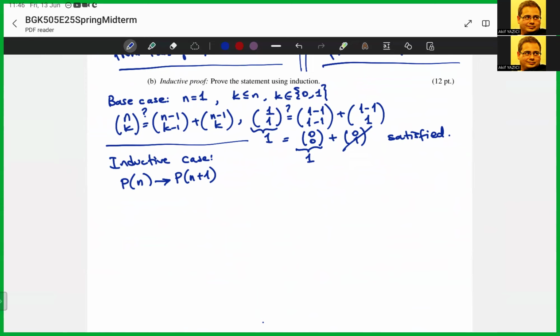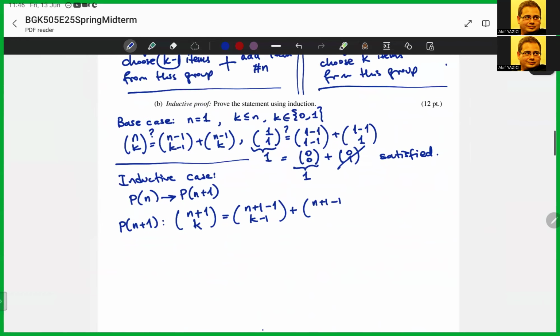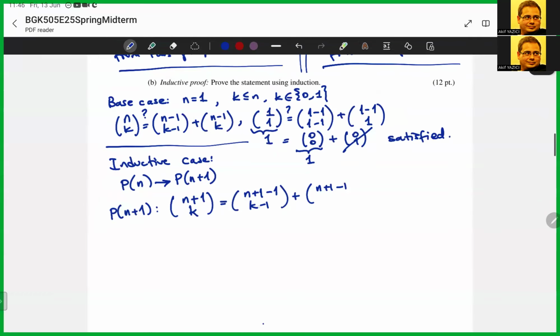Okay? And what is P(n plus 1)? That will be n plus 1 choose k is equal to n plus 1 minus 1 choose k minus 1 plus n plus 1 minus 1 choose k. Am I taking that correctly? So this is k minus 1 and this is k.